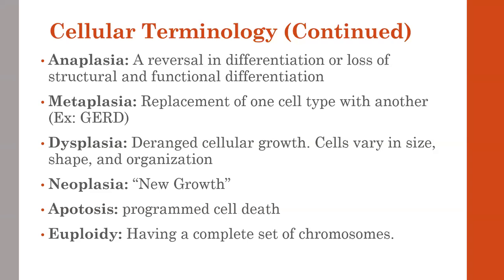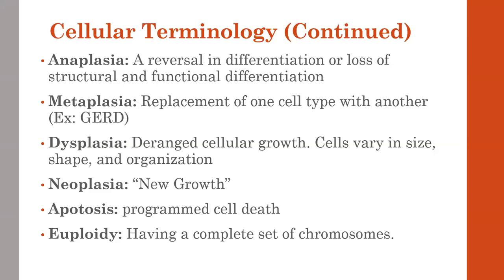What that means is that the kidney cell starts to forget it's a kidney cell and then tries to do other types of cellular activity. And that's one of the key functions of metastasis.